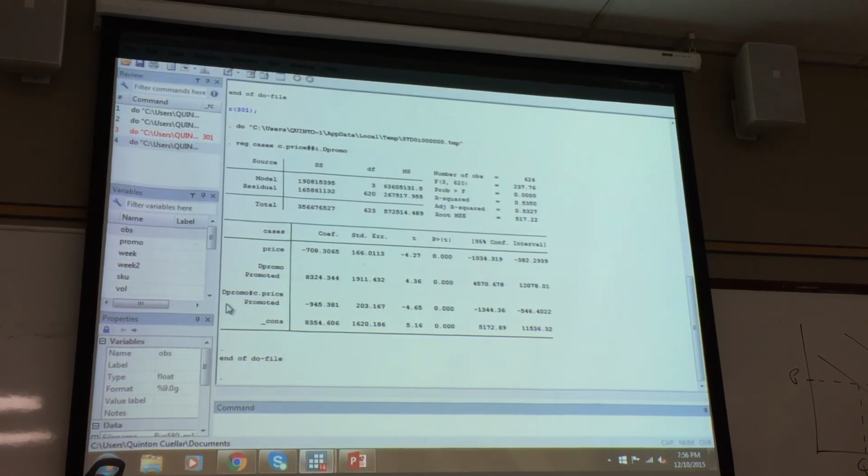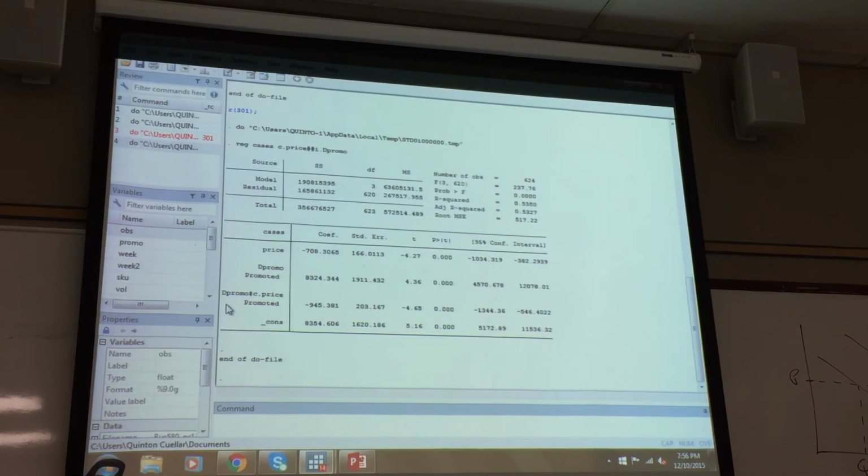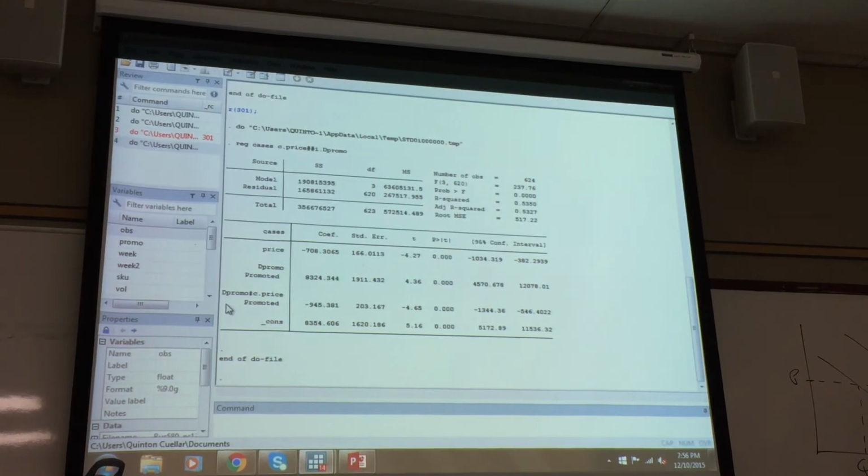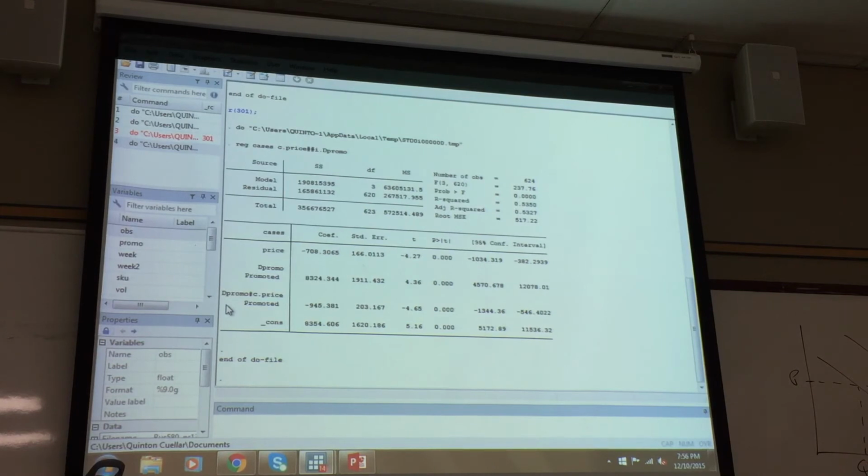If we know the slope of the non-promoted demand curve, and we know the difference in the slope between the promoted and non-promoted, how would we find the slope of the promoted? Add them together. So it'd be negative 708 minus 945, which is something more negative.